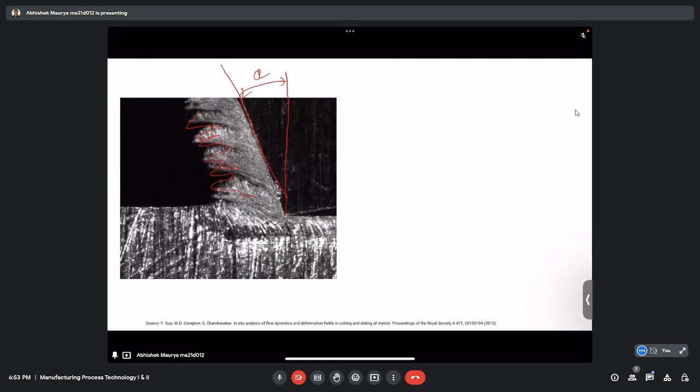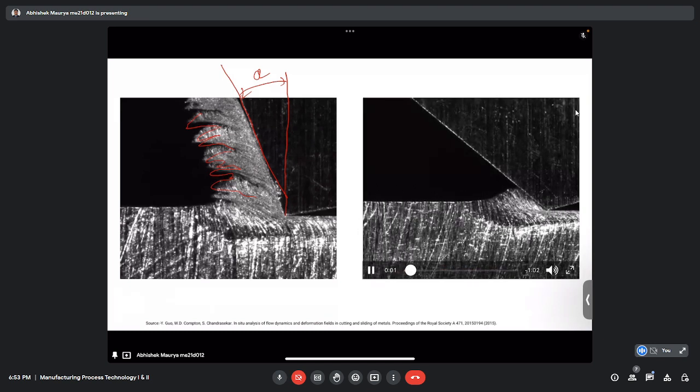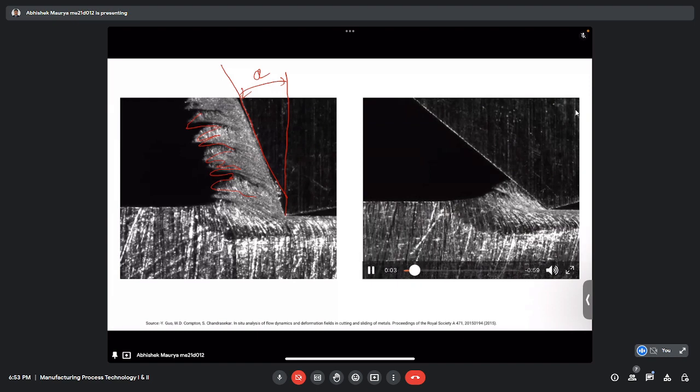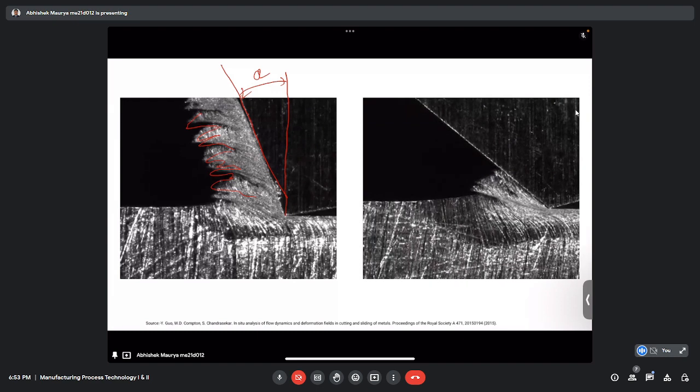But if we further make the rake angle more negative, then what we have seen is the chip formation has become discontinuous, whereas earlier it was continuous.